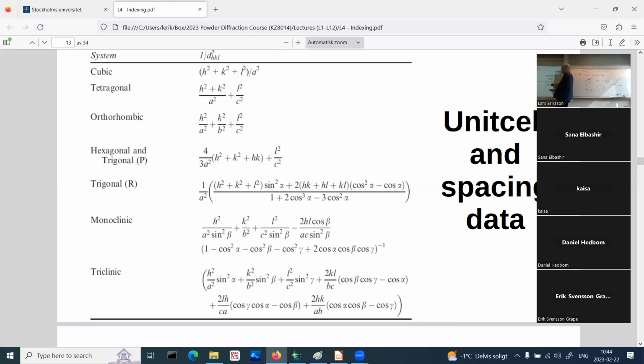I don't recommend memorizing the expressions, but maybe it could be good to see that they are similar. It's simpler if you define it in terms of the reciprocal space unit cell.